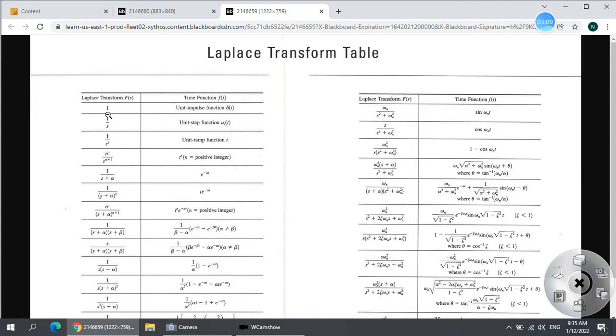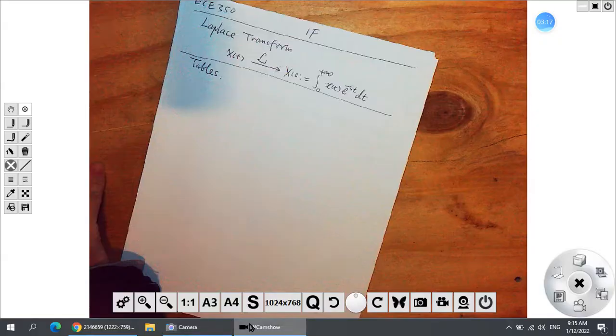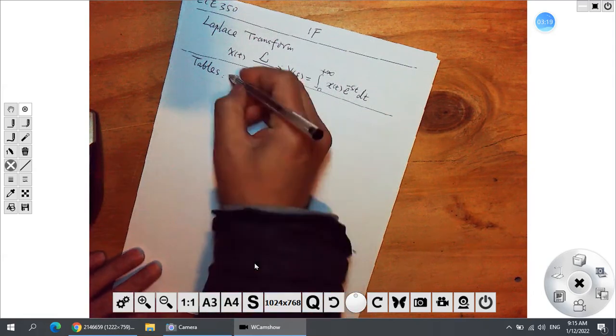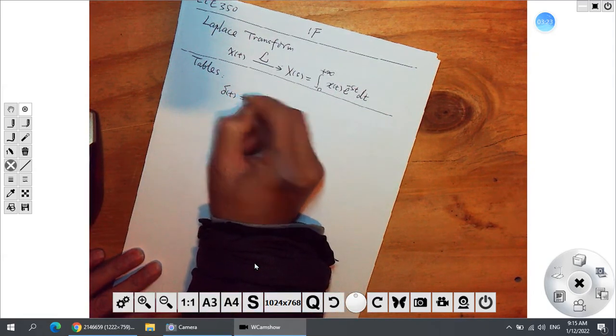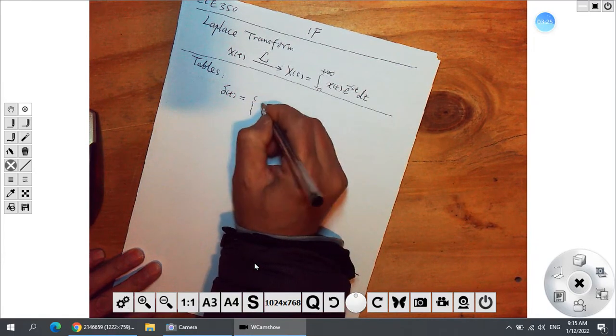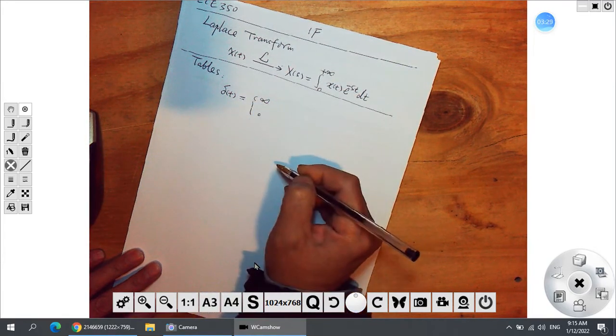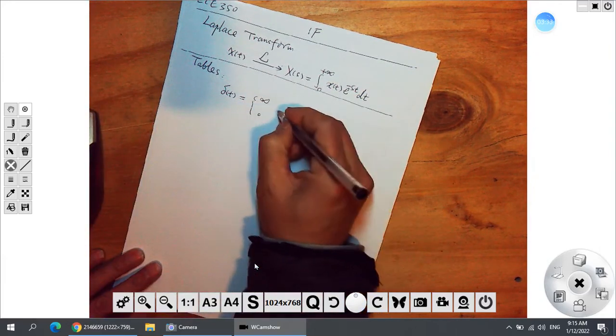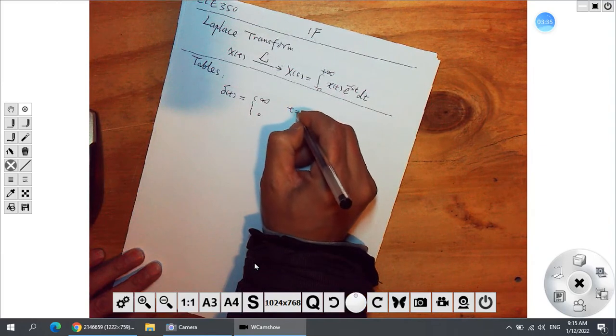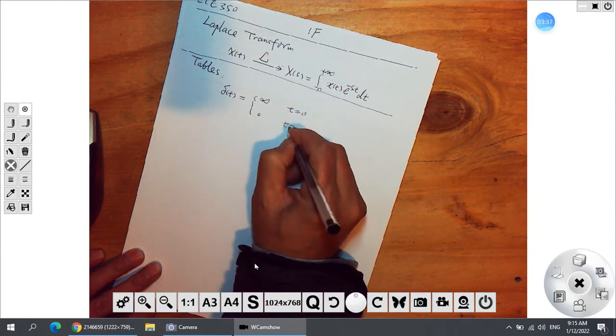It's simple. But what is delta of t? Let me write it here. Delta t is this one. Its value will be infinite or 0. So either 0, or go to infinity. Here is t equal to 0. Here is t not equal to 0.